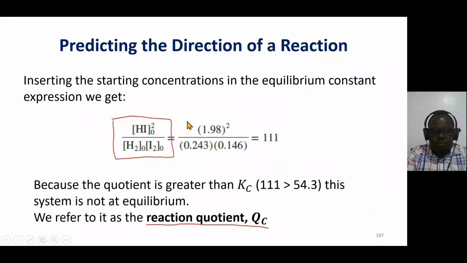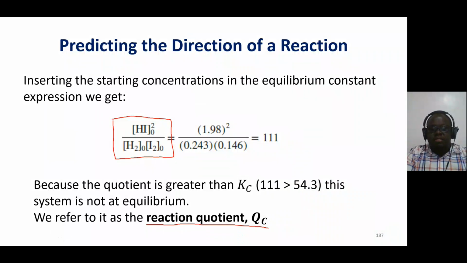Since this is greater than Kc, it means that you have more HI initially. So for this particular system to move towards equilibrium, you need to reduce the amount of HI. That means the reverse reaction, moving from the product to the reactants, is what will be favored, converting HI into hydrogen and iodine.